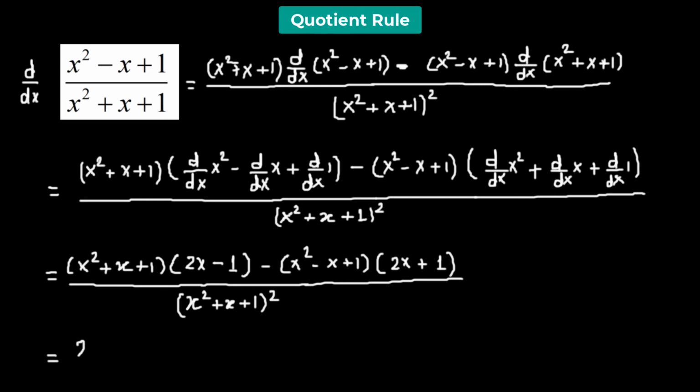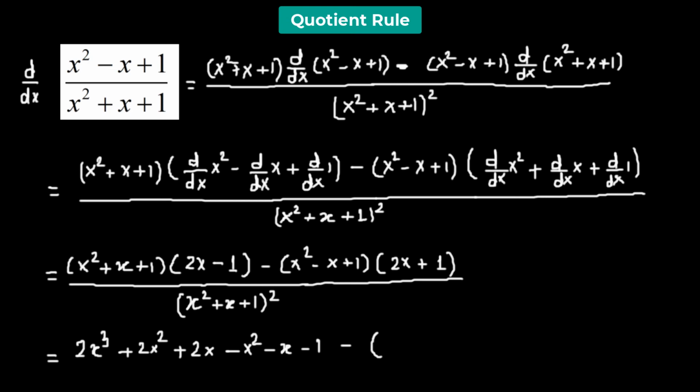So we'll get 2x times x squared will give us 2x cubed, 2x times x is going to give us 2x squared, and 2x multiplied by 1 will be 2x. Then we have negative 1 multiplied by x squared, x and 1.